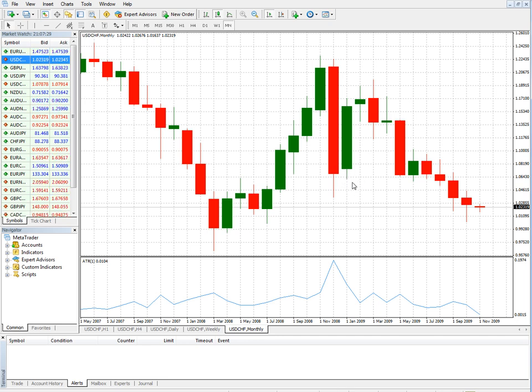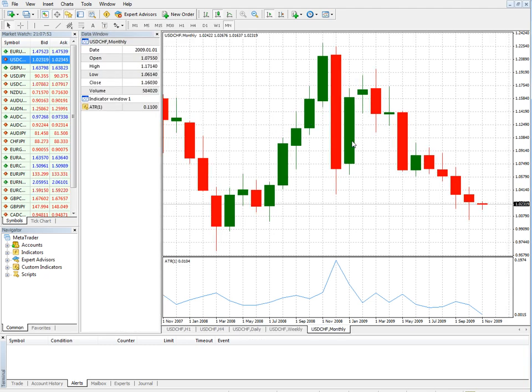This in and of itself is actually an inside bar. It's a big inside bar right here. Here's another inside bar. Break out of that low. That's looking good. Here's another thing to consider as well. Take a look at this monthly inside bar right here. If you're considering trading it, think about the size.